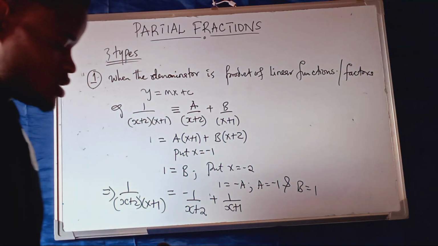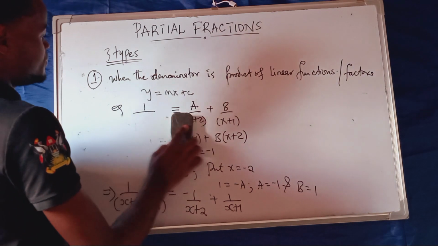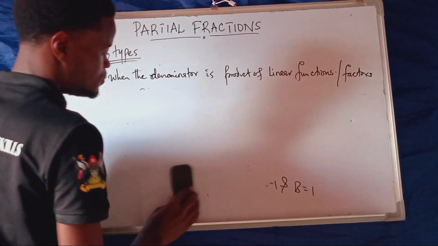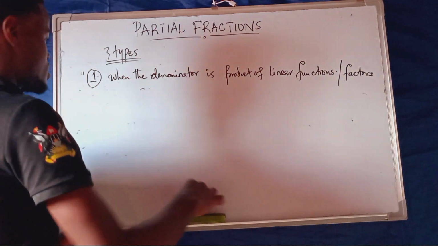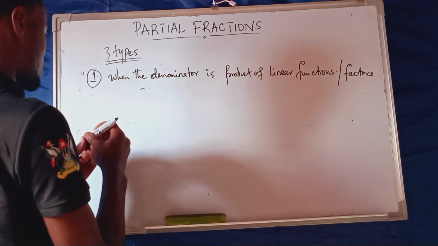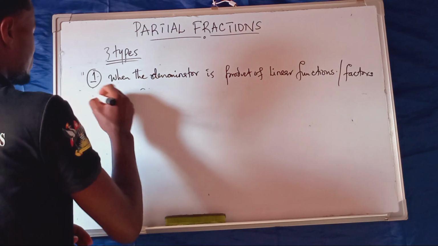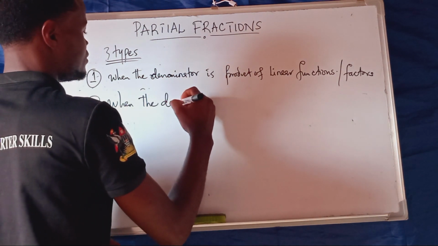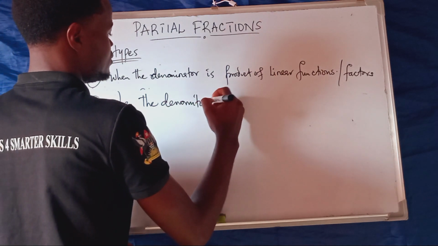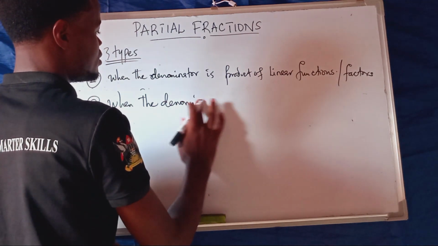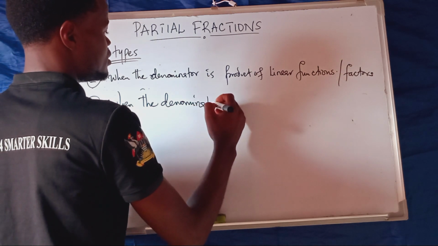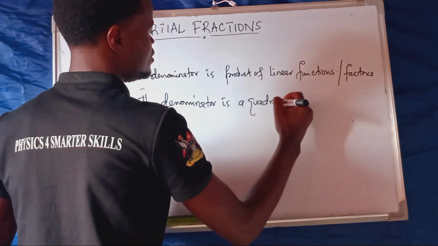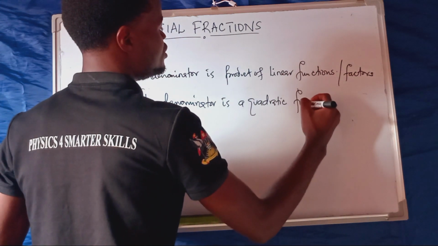So the second type I'm going to talk about is, what about if we have a denominator that is a quadratic function?